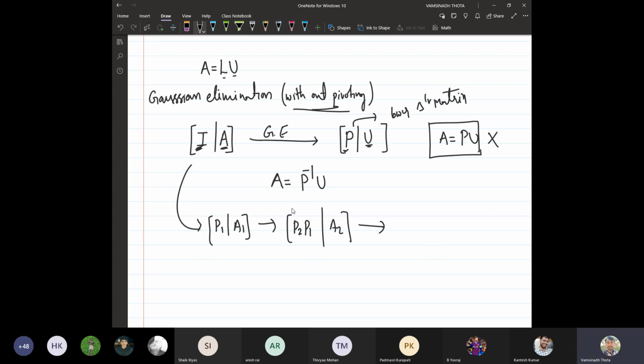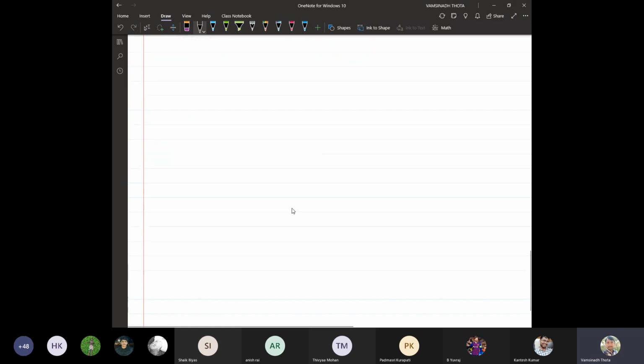After applying another elementary row operation, we will get P3 times P2 times P1 and A2. So finally, after some finite number of steps, we will get Pn minus 1 and so on down to P1, and the upper triangular matrix. This is what we call P. Now, let us do one example quickly.